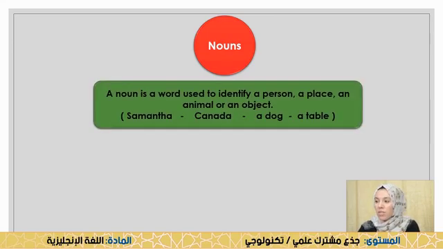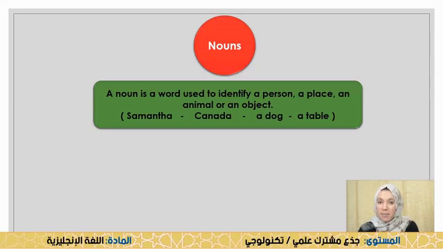So to define nouns, we're going to put it in a very, very simple way. A noun is a word used to identify a person. So first of all, a noun is a word. Keep that in mind. A noun is a word. As we all know, it's not a verb, it's not an adjective, it's not an adverb.